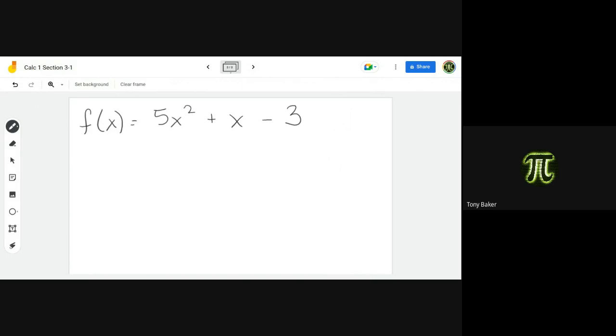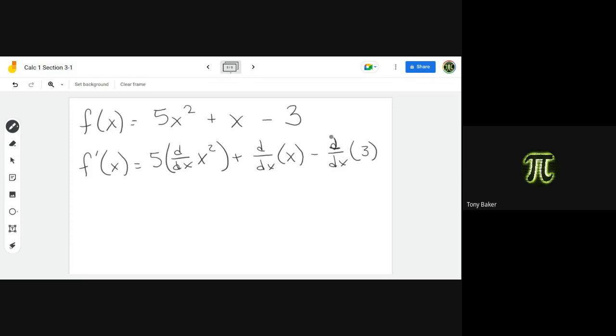So in this situation, now we're going to use that sum and difference rule. We're going to split this up into pieces. So f prime of x equals 5 d dx of x squared plus d dx of x minus the d dx of 3. This is that sum and difference rule.